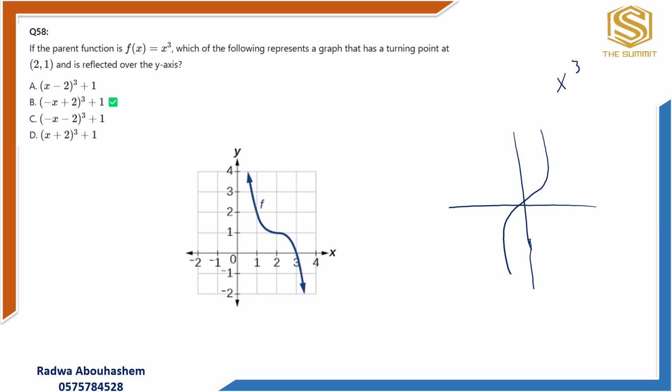So instead of x, I have to put negative x. So negative x. How many units we shifted to the right? 2 units. And how many units we shifted up? 1 unit. So shifted to right means a negative sign, so negative (x minus 2) all to power 3 plus 1. So here's the answer.